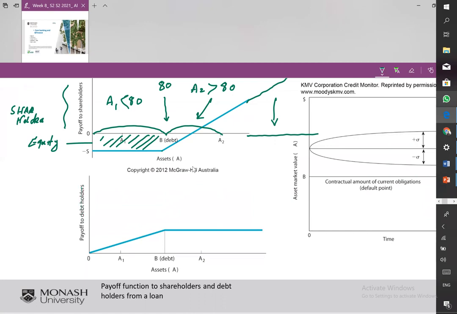This is the shareholders, this is the debt holders, which is the lender, which is in this case, the bank. If the value of the company increases over the debt, this is the debt they gave, they will just keep, this is what they will receive, which is their principal and interest.